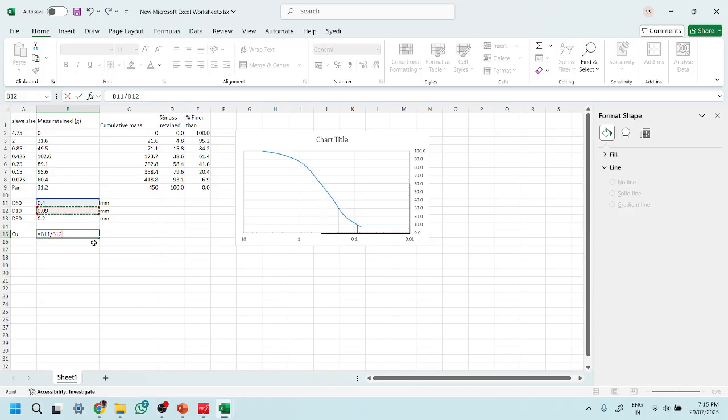Then we have CC, which is D30 squared divided by D10 into D60.